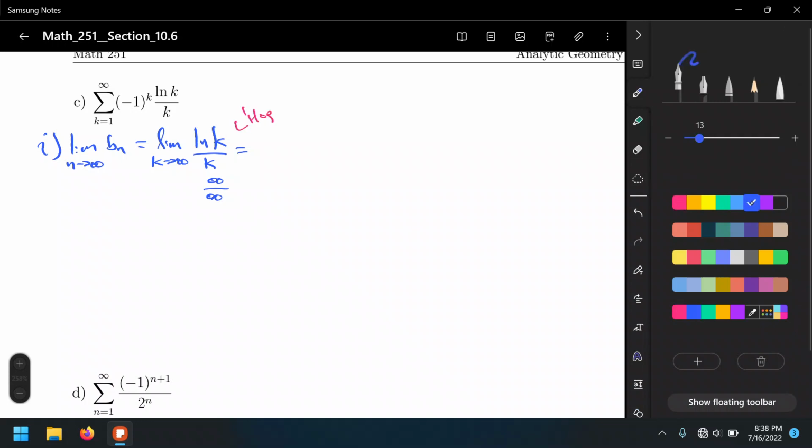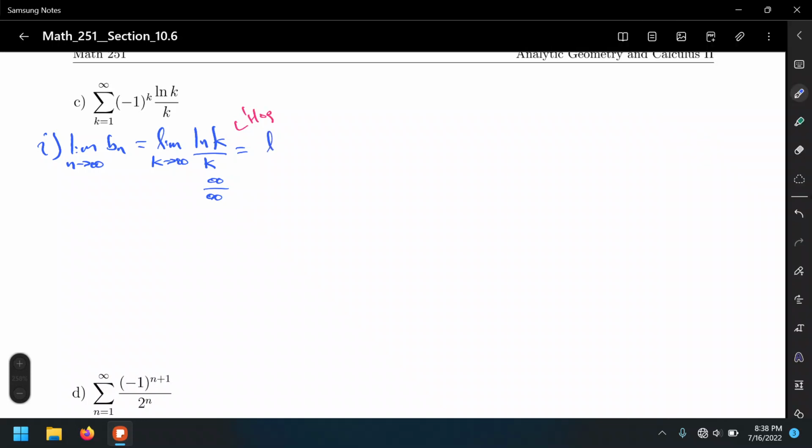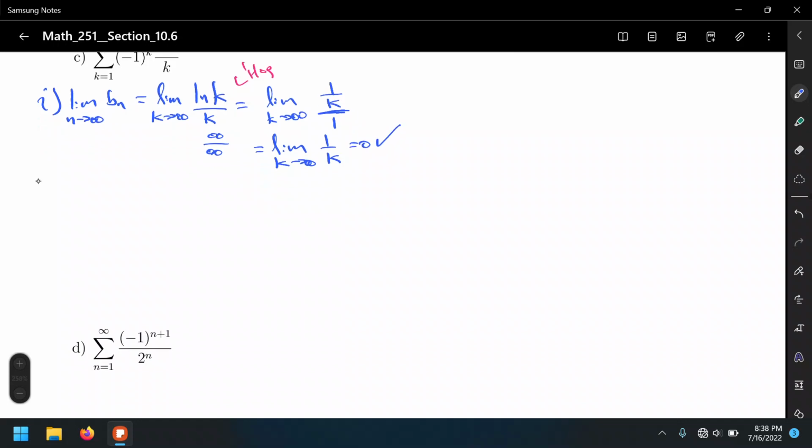So that's the limit as k approaches infinity of ln of k. We need to find the derivative of the numerator, which is 1 over k, and the derivative of the denominator, which is the derivative of k, which happens to be 1. In this case, this reduces to the following limit: 1 over k as k approaches infinity, and this happens to be 0, so the first condition has been met.